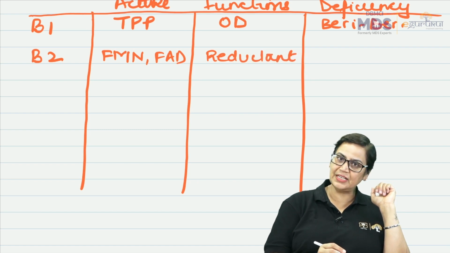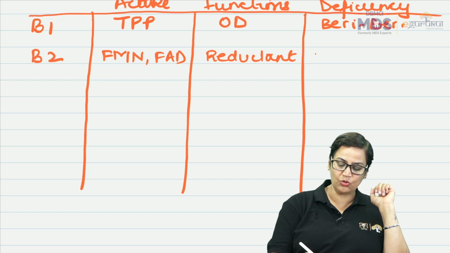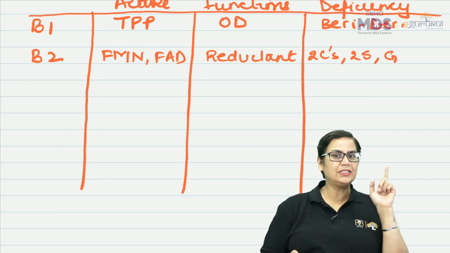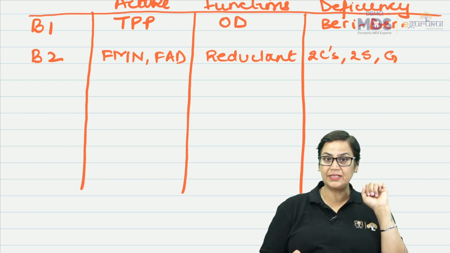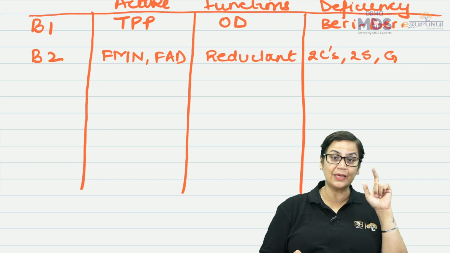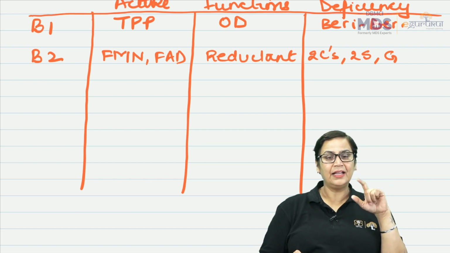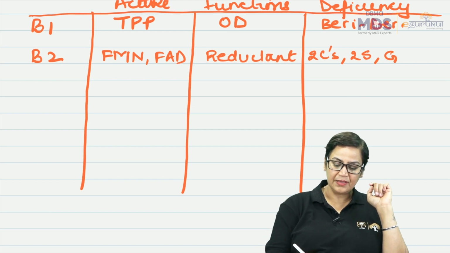And if you look at the deficiency manifestations, I told you 2 C's were there, right? And 2 S's were there. S and G. 2C means corneal vascularization, right? Cheilosis. 2S means seborrheic dermatitis, and G stands for glossitis, magenta color tongue.